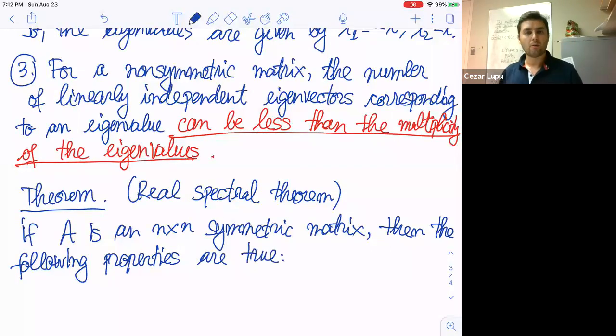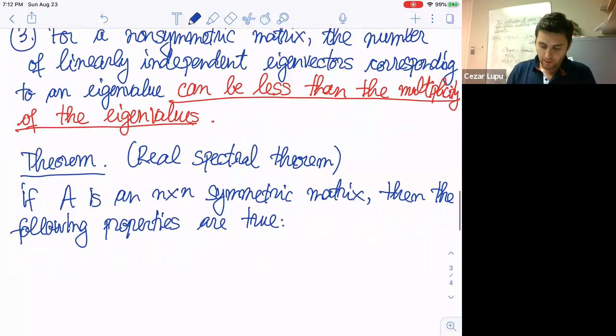Okay, and now let's see. The first one is the following. A is diagonalizable.